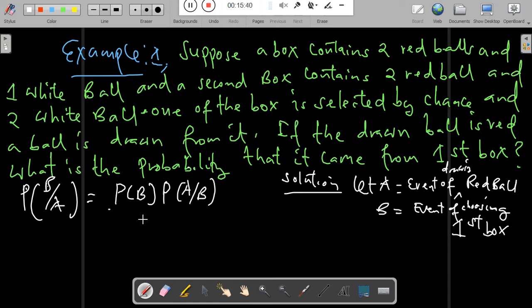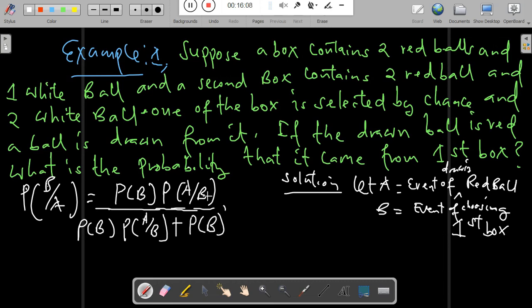So this is the general formula that we apply in solving Bayes' theorem. Then we divide by the probability of B times the probability of A given B. Put out the brackets, then plus. Since we have two boxes, we are dealing with two events, so we take again the probability of B complement times the probability of A given B complement.